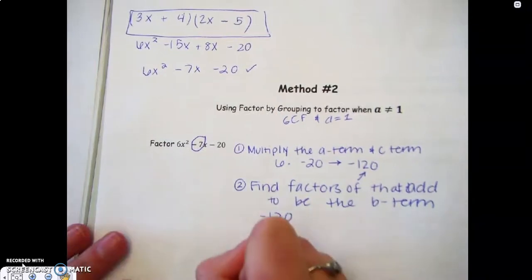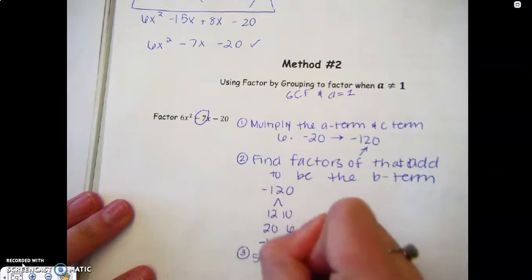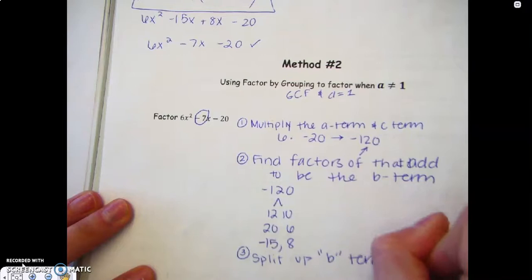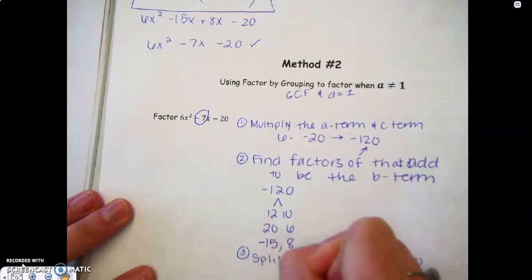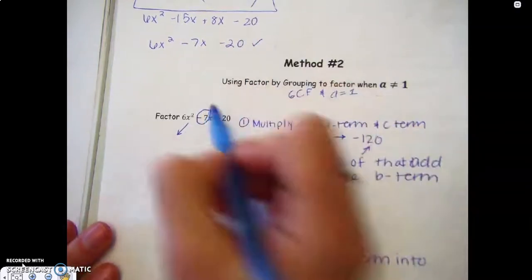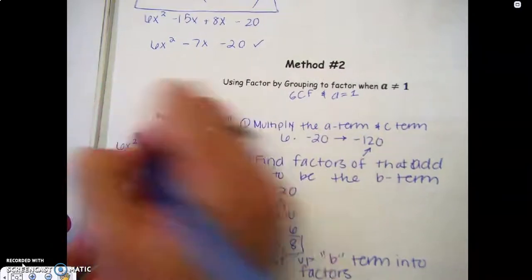All right, the next thing we're going to do, once we have that, is split up the b term into the factors. I'm going to rewrite this, but instead of negative 7x, I'm going to write it as this. The 6x squared stays the same.